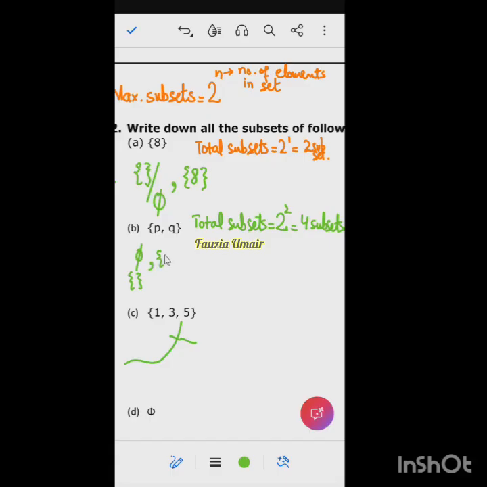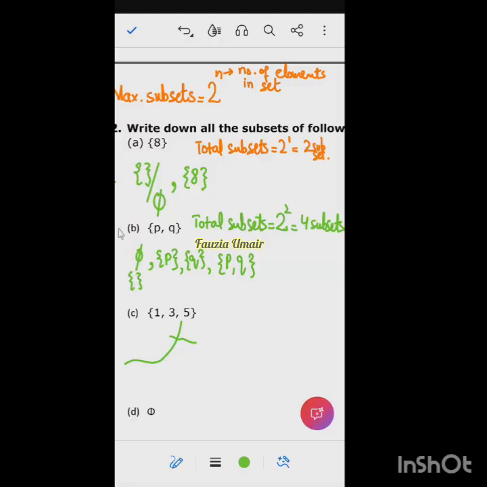Now we write P, then Q, and then the set itself, right? So if there are two elements in a set, the total number of subsets is 4, always.